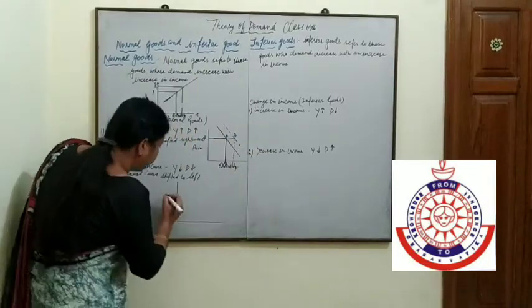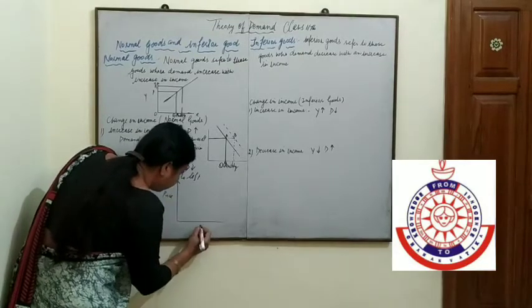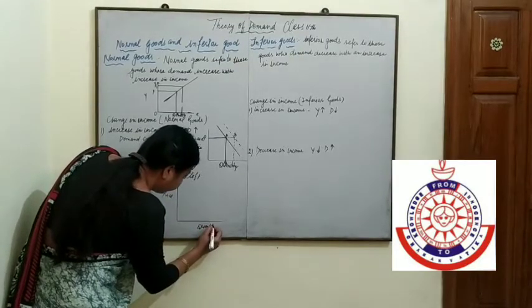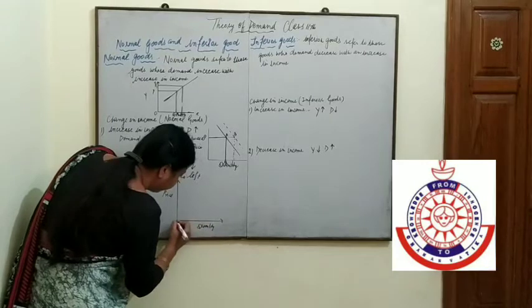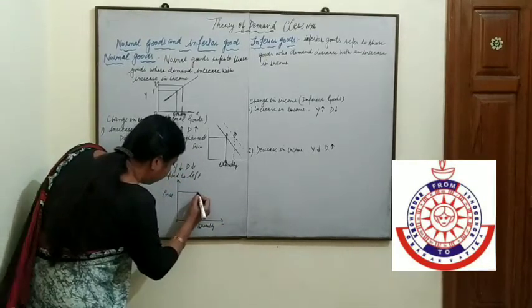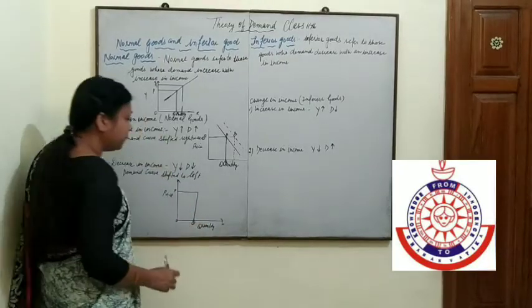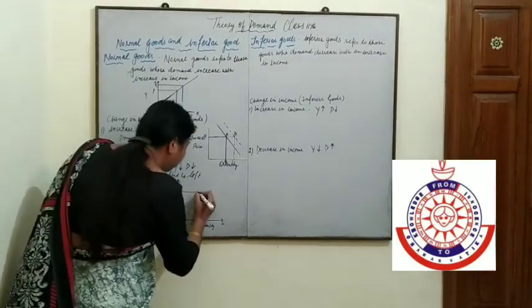Here we are showing the price, and here we are showing the quantity. Price is this, then quantity we are consuming this much. Now income is decreased. What will be the effect on demand?